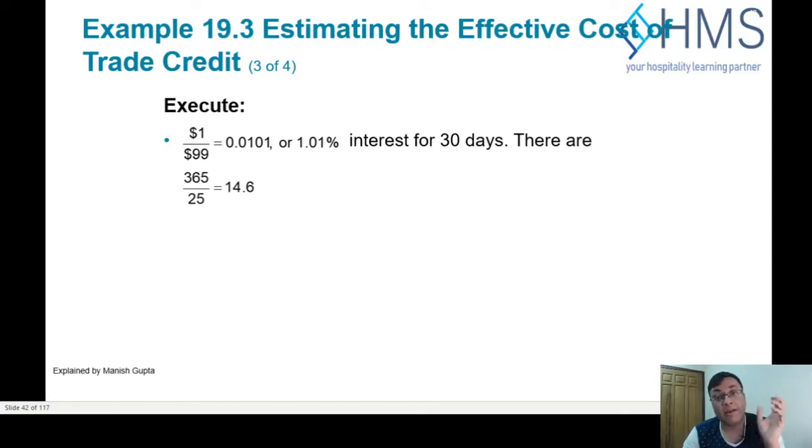There are 14.6 cycles in which you are using this rate. How did we calculate that? We divide 365 by 25. You are using this 1% discount only for a 25-day period, so about 14.6 periods in a year.